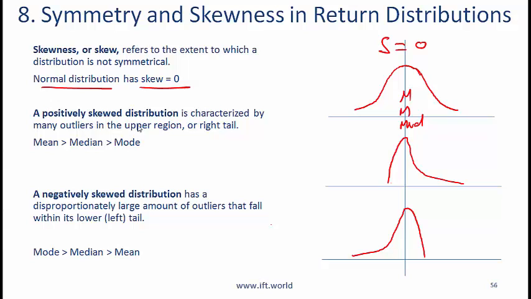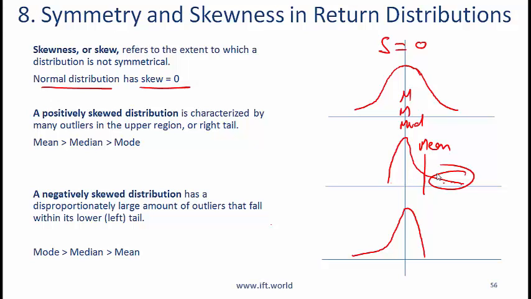A positively skewed distribution is characterized by many outliers in the upper region or the right tail. This is called the right tail. Notice that we have several outliers over here. This is called a right skew. When you have a right skew or a positive skew, these outliers on the right pull the mean to the right.